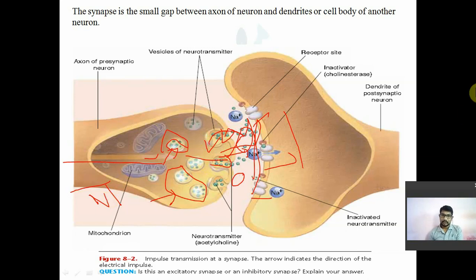So it is a typical example of impulse transmission at a synapse, particularly in the cholinergic neurons. This is a cholinergic neuron, where acetylcholine has been explained.